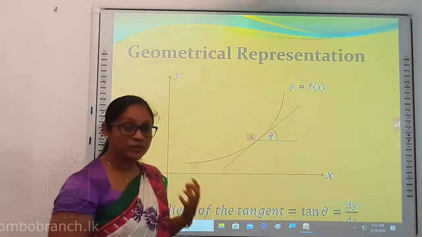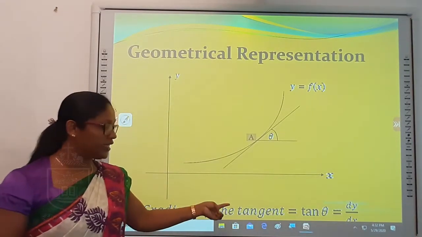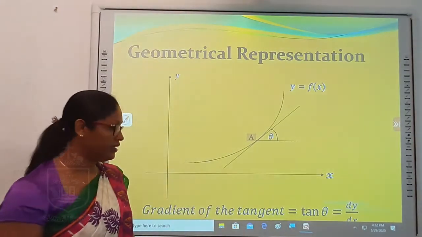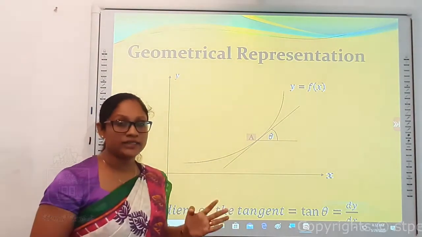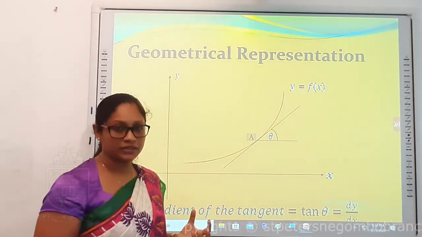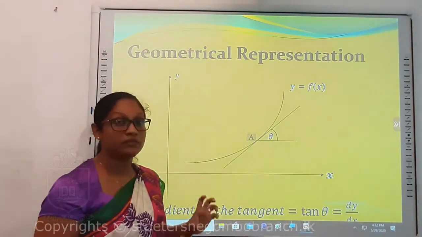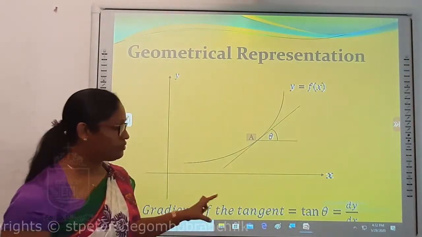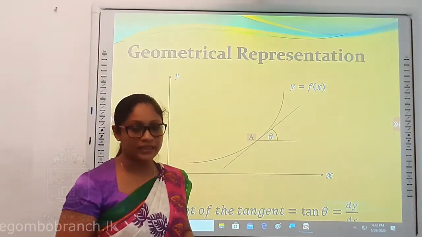So the geometrical meaning of derivative is in the last statement that I have written here. The gradient of the tangent we can find by differentiating the given function. Once we differentiate we can have the gradient of the tangent. That's what is described in the topic geometrical representation.